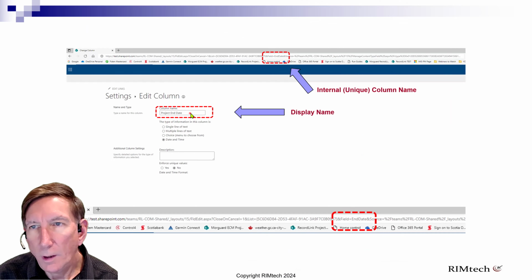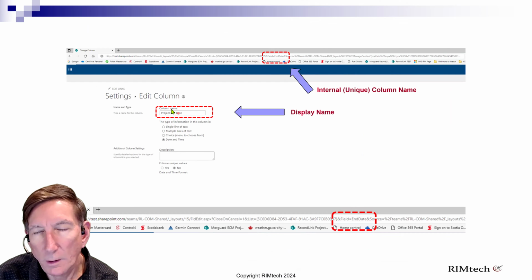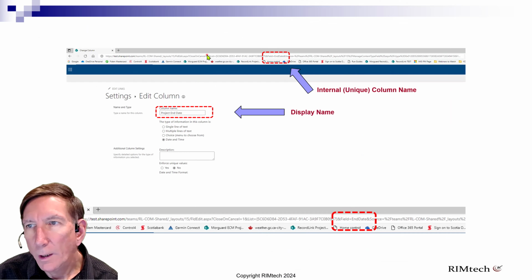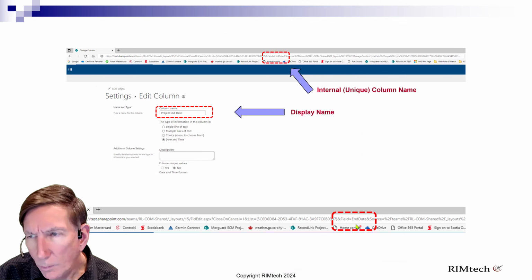Now, here's a little further depth to this. We're in the middle of the screen where we're entering a new column called project end date. But above in the browser URL, it actually contains the secret internal column name for that column. And I blew it up down below so you could hopefully read it.